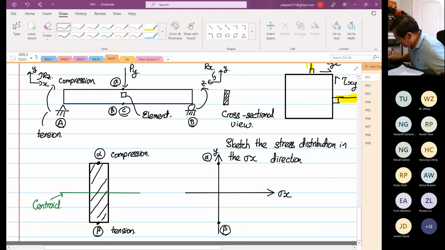This line represents the material, or the structure. If the center is 0, anything on this side is what we call tensile or tension. What is on the other side is called compression.